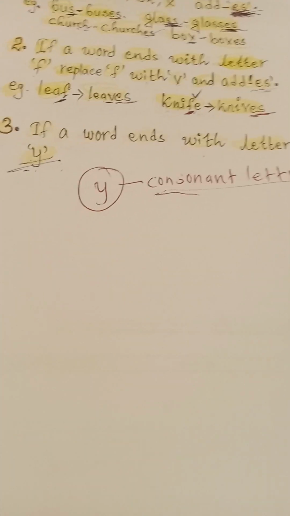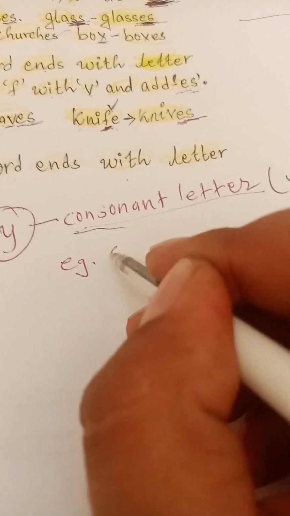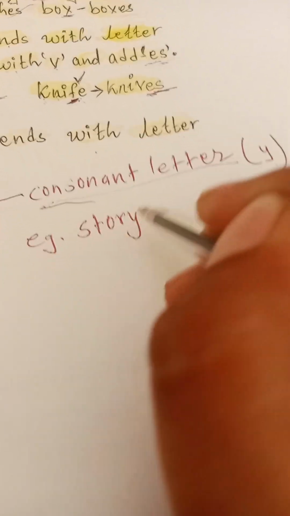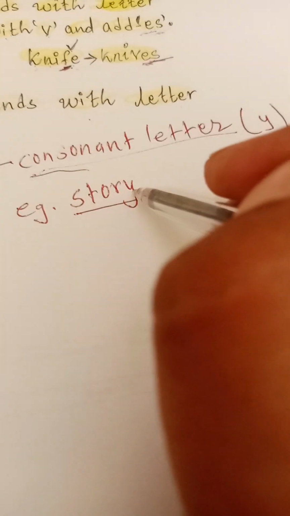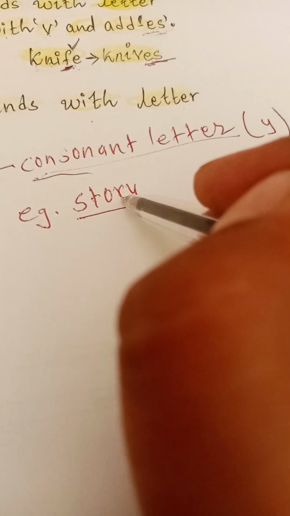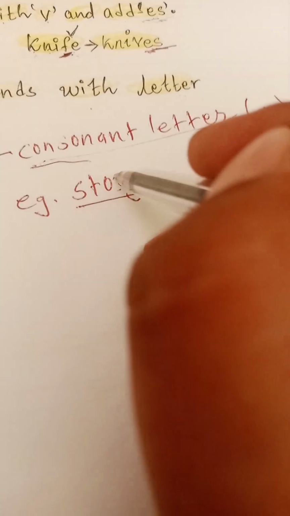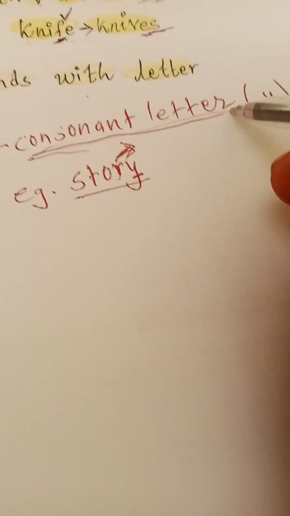For an example, look here. Example, story. Now this story is a word. This story word ends with letter Y, so we have to look at the letter before Y, here a letter R. Before Y there is a letter R. This R is a consonant letter.